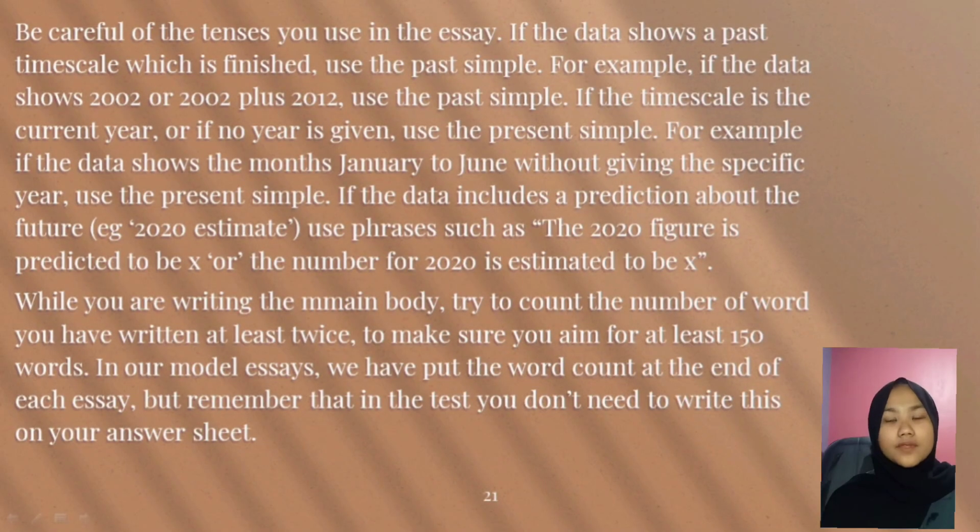For example, if the data show the months January to June without giving the specific year, use the present simple. If the data includes a prediction about the future, for example, 2020 estimate, use phrases such as the 2020 figure is predicted to be X, or the number for 2020 is estimated to be X.